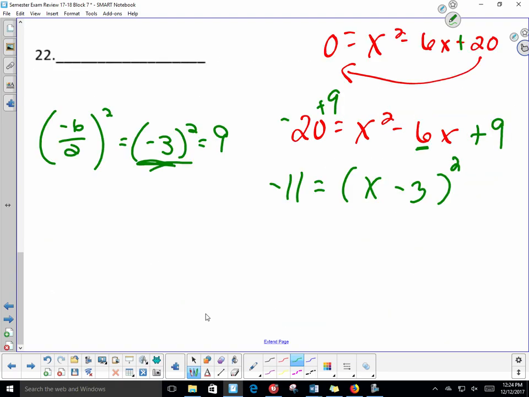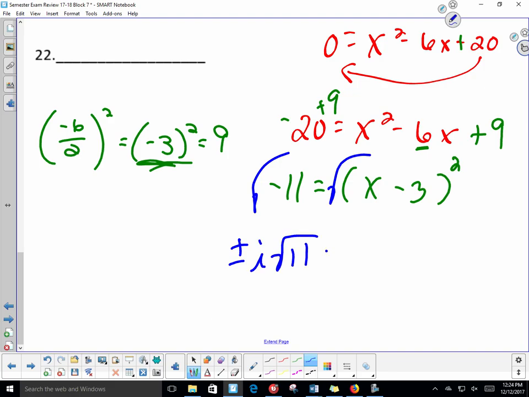Are you still good? You want to keep on going? Okay. You take the square root on each side. So it becomes negative the square root of negative 11. So this will be plus or minus the square root of 11, but because it's negative, what am I going to put out front? i.